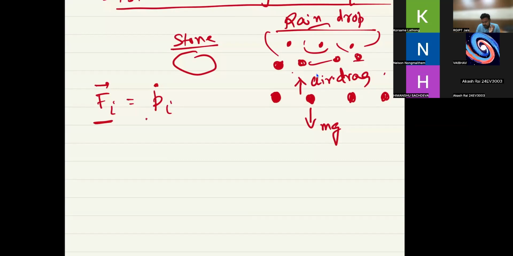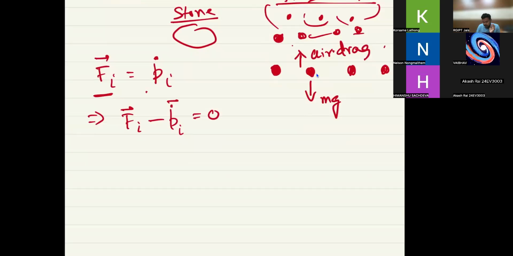It applies to the raindrop and also to the stone. But the raindrop is in dynamic equilibrium, while the stone is not, because there is not enough viscous drag. So what you can say from here is that Fi minus Pi dot is equal to 0.